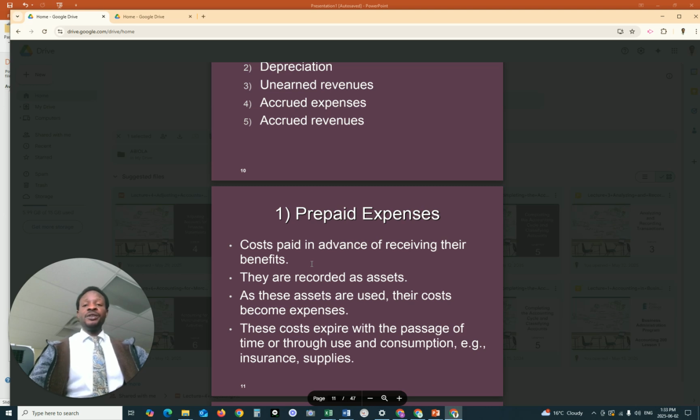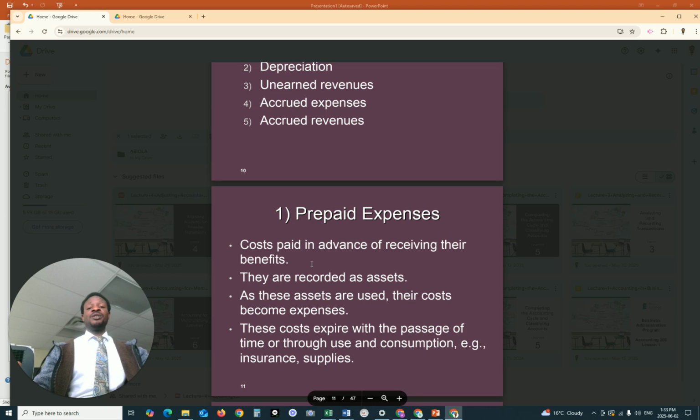So when you pay for something before you use it, it is a prepaid expense. Examples are insurance, rent that you pay for before you use it, bills, all forms of bills, or even supplies that you pay to get before you use them.